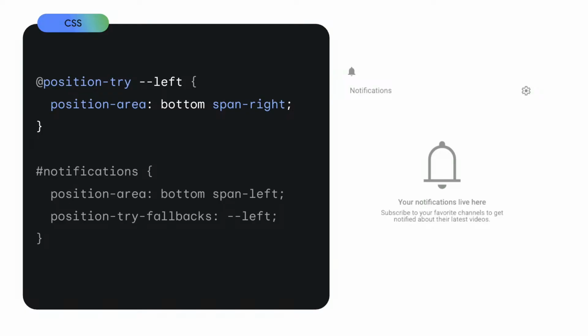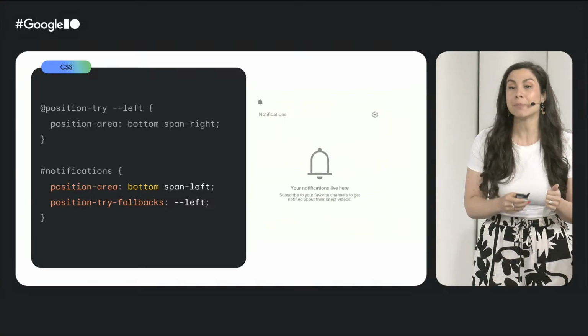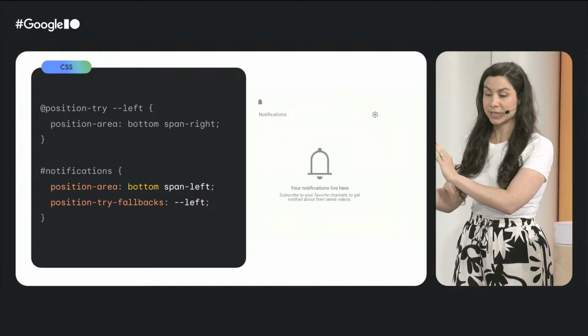You can specify fallback positions like this one, which I've created and called left, which spans from left to right instead of right to left, or use browser defaults like flip-block and flip-inline. Then you can call it as a fallback when you can't position from that initial right to left position.